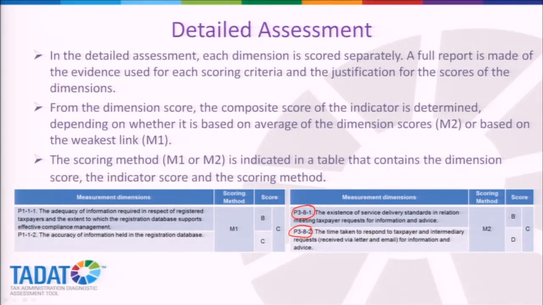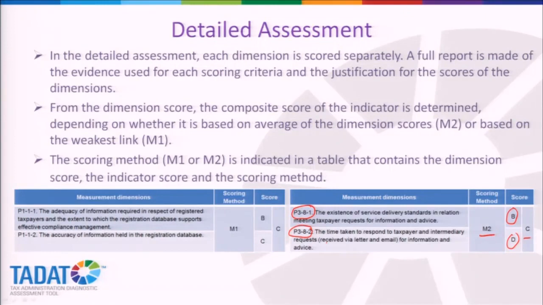And the tax administration got a B here and got a D here. And since this is an M2, it takes the average from table 3 of the field guide, and the average gets C. So C is the score for the entire indicator 3.